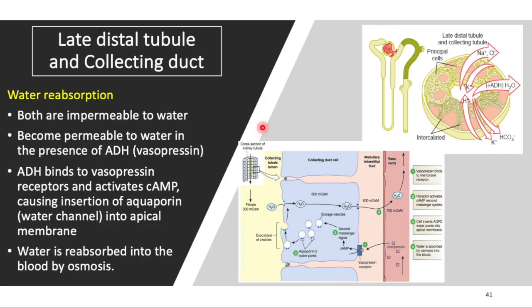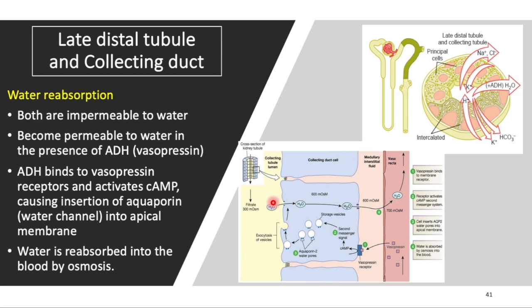With regards to water reabsorption of these two tubules, both late distal tubule and collecting duct are not permeable to water. However, in the presence of ADH or vasopressin, the permeability of these tubules to water will increase. ADH will bind to the vasopressin receptor, and this will activate cAMP, causing insertion of aquaporins or water channels into the apical membrane.